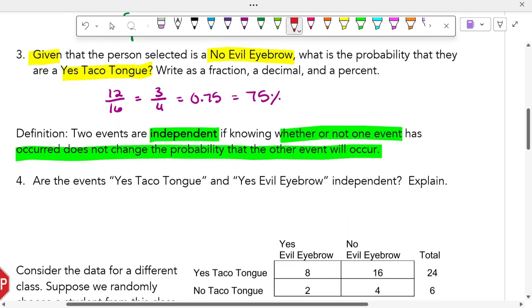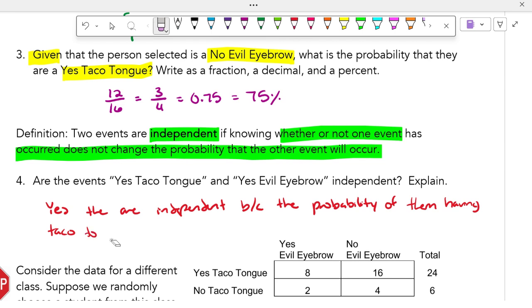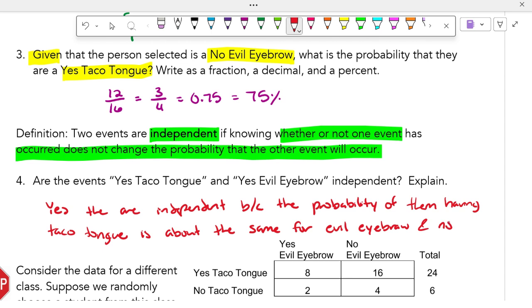So we would say yes, they are independent, because the probability of them having taco tongue is about the same for evil eyebrow and no evil eyebrow.